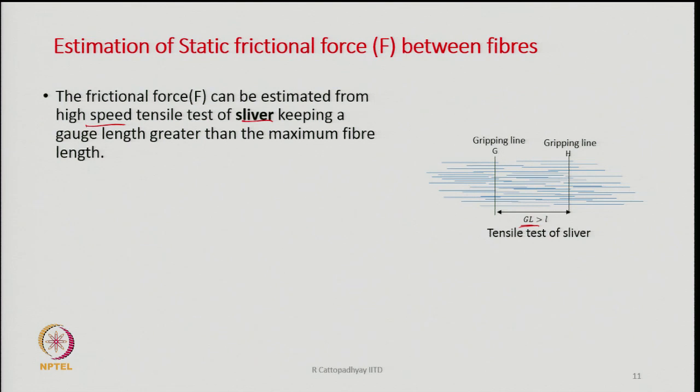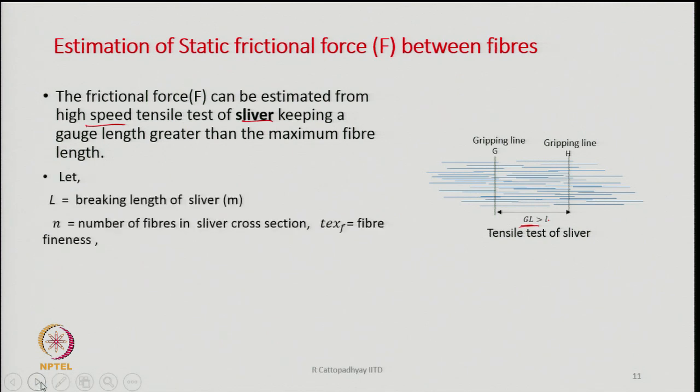Now, the gauge length is much larger than the length of the fiber, so that not a single fiber will be able to span from gripping line G to gripping line H. All the fibers should be shorter than this, and then we go for the high speed tensile test. So, we will get some value of the strength of the sliver.